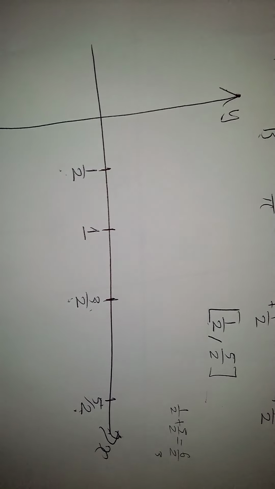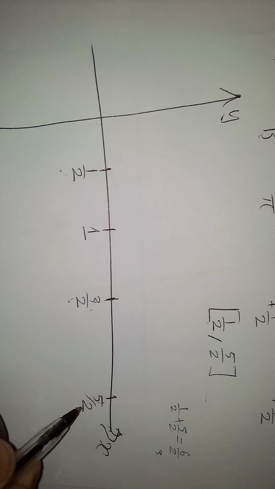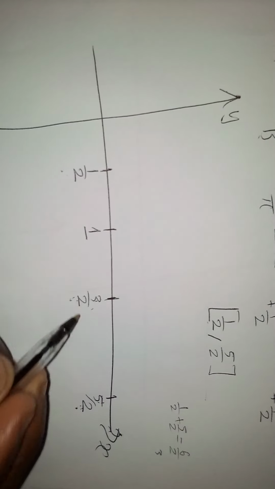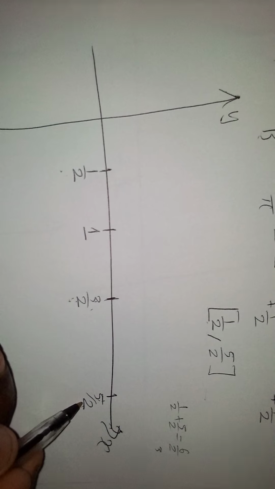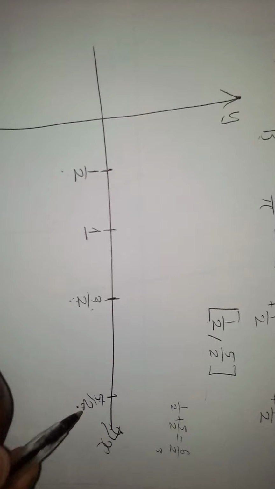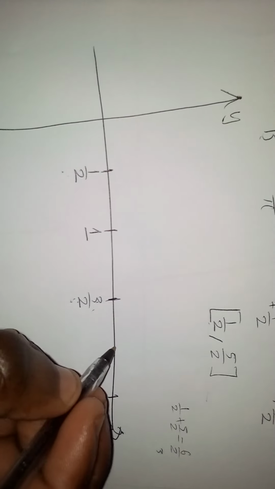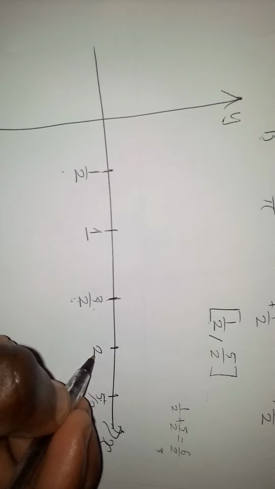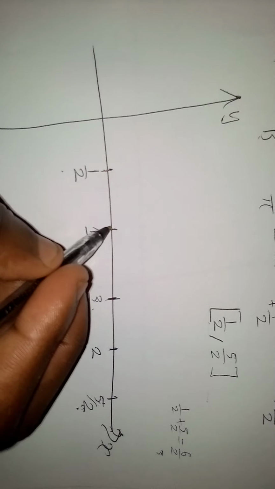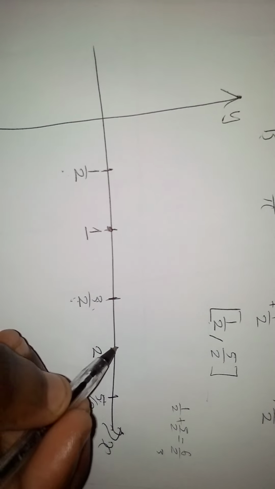Then here, 5 over 2 plus 3 over 2, we are getting 8 over 2, which is just 4. 4 multiplied by 1 over 2, that will be 2. So we have 2 here. Okay, so this is the first quarter, and this is the last quarter.